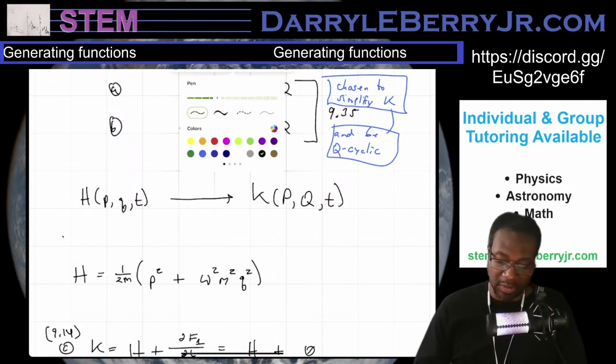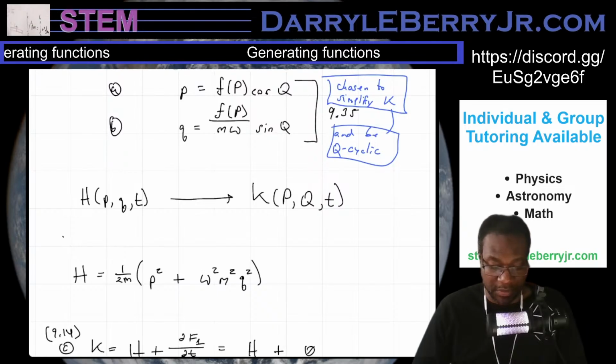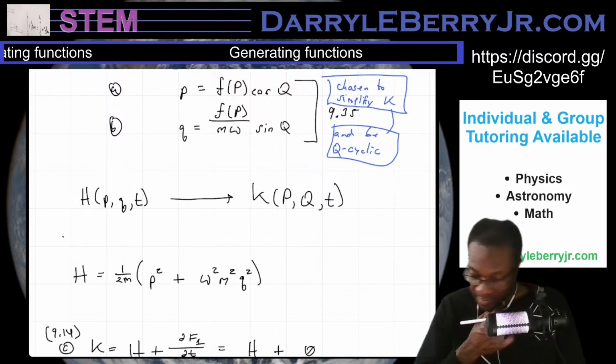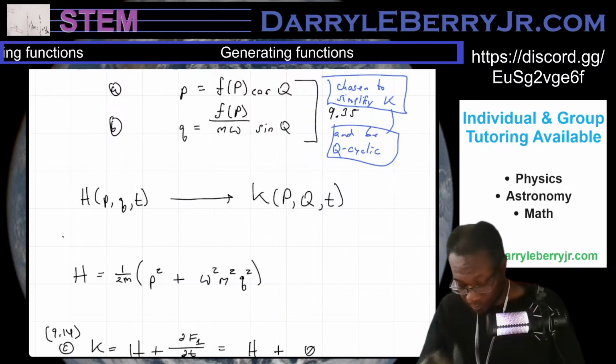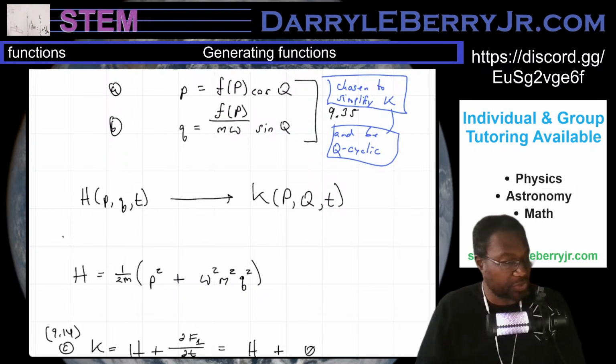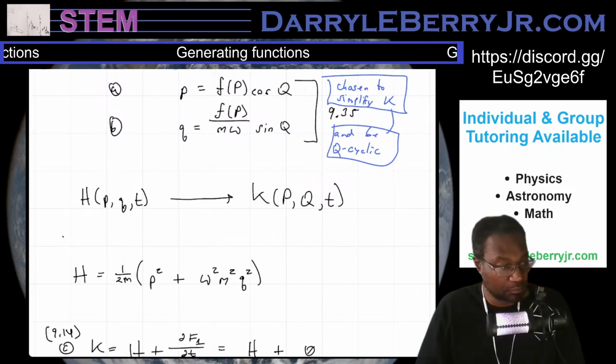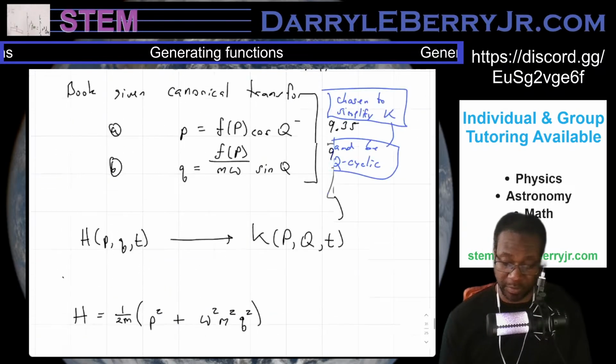Thinking maybe we divided p by q to get the cotangent, but that doesn't explain where the q squared comes from, because they're saying fp is q squared. I mean, it does work that way.